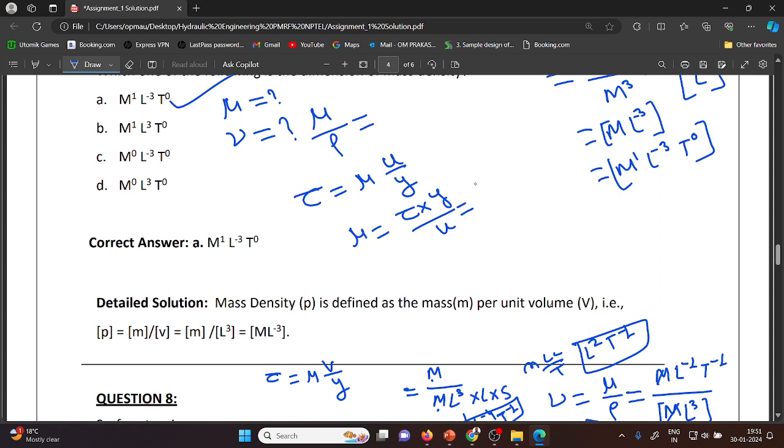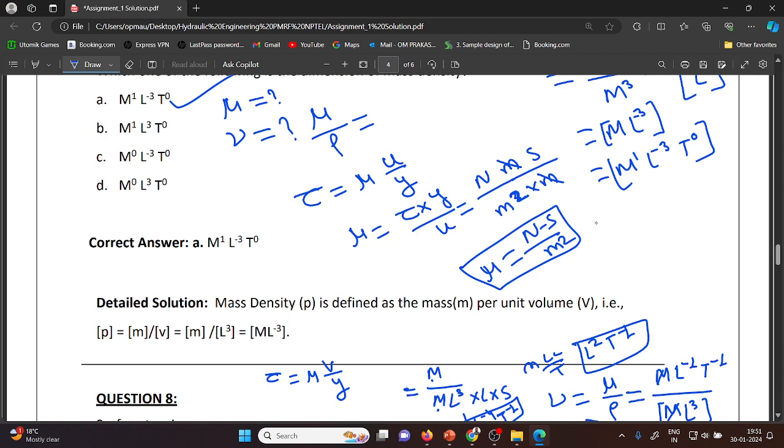So this is Newton per meter square into meter square, here I am writing, and here meter per second. Sir, we will try another method. Kinematic viscosity nu equal to mu by rho. Yeah, it's okay. Let me try another way. Okay, so here your meter cancels. So Newton second per meter square. Yes, sir. This is the unit of viscosity, right?